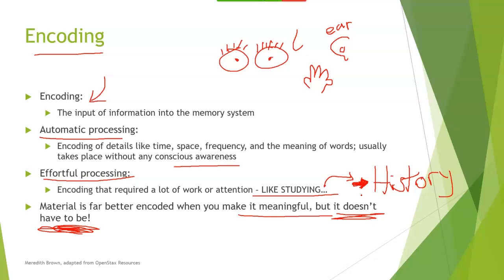I can apply Pearl Harbor to the fact that my dad was in the military, perhaps, so that I can remember the date of Pearl Harbor is December 7th, 1941, I believe. If I am wrong, please feel free to correct me. But I know it's December 7th. So history, if applied to self, yes, you could probably remember it a little bit better, but you don't have to. You can still learn stuff and encode things, even if it's not something that really pertains to you.